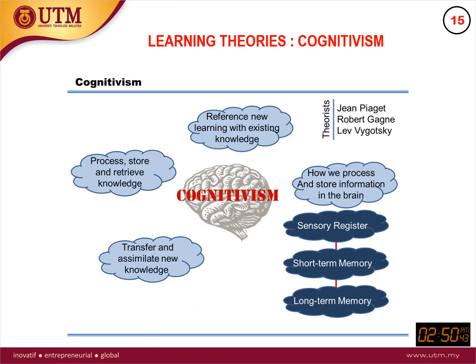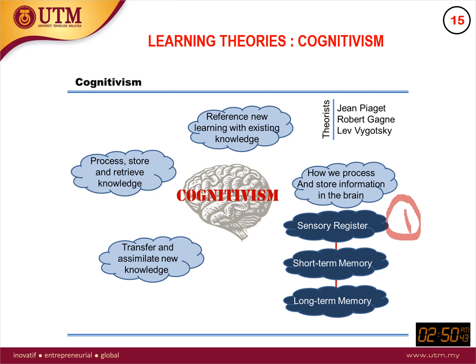Okay, as a conclusion for cognitivism, it's all about the work of the brain, how to process and store information. First, we use the sensory register or temporary memory. Different terms, but the same meaning.